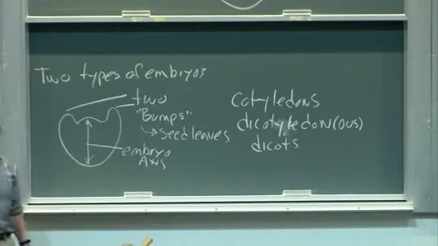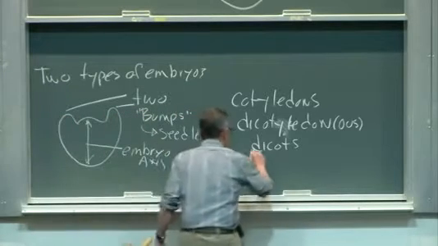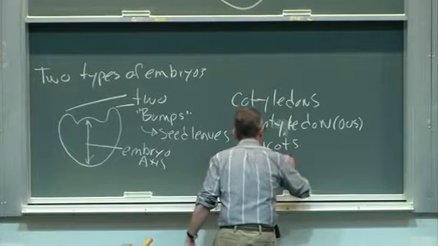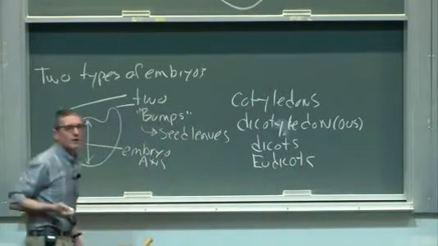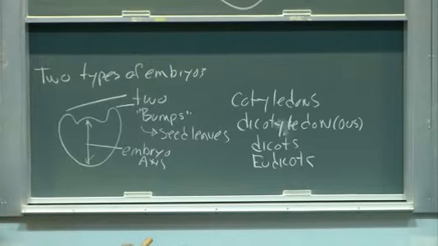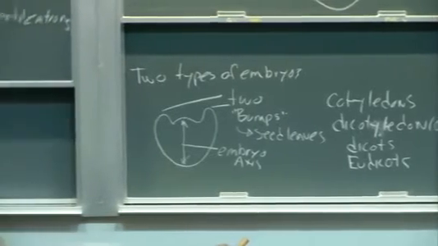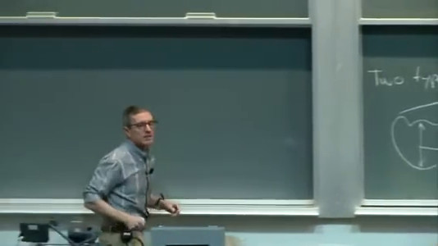The more modern term for dicots, which your textbook uses, is eudicots, just EU added onto it. So one group of the flowering plants of the angiosperms is called the dicots, and it is based on the fact that there are two seed leaves present in the embryo.